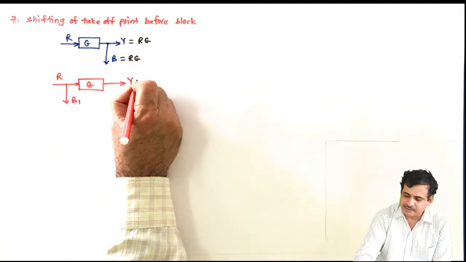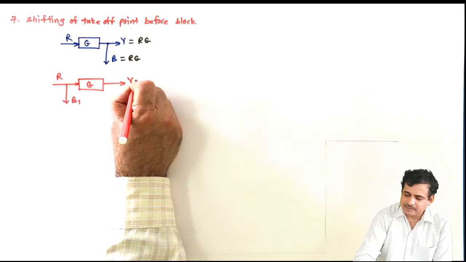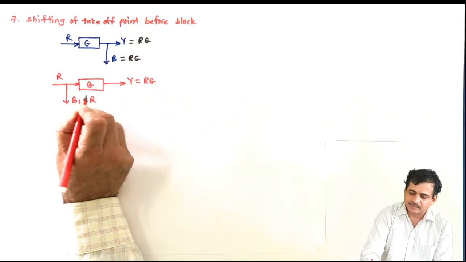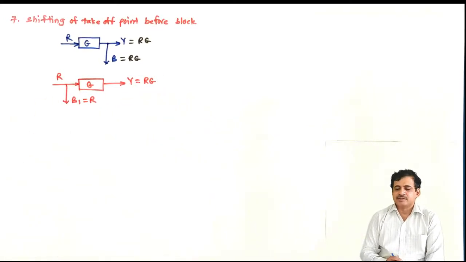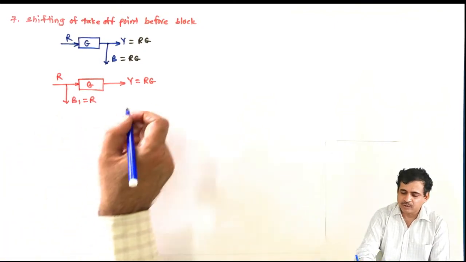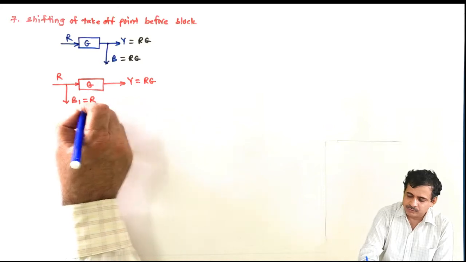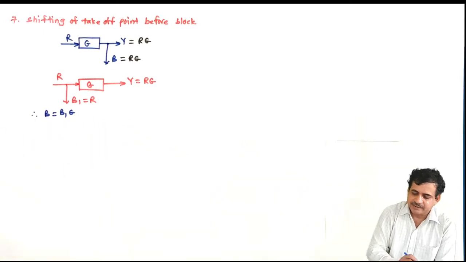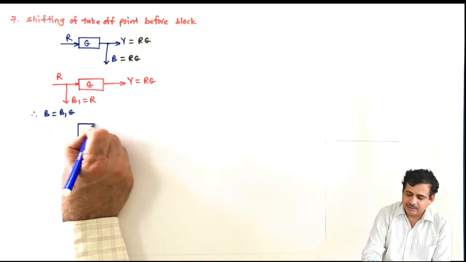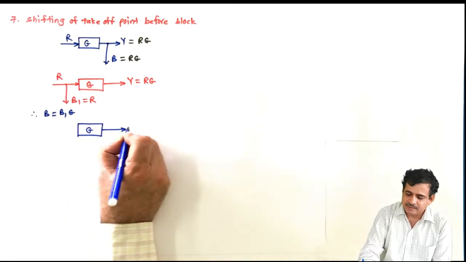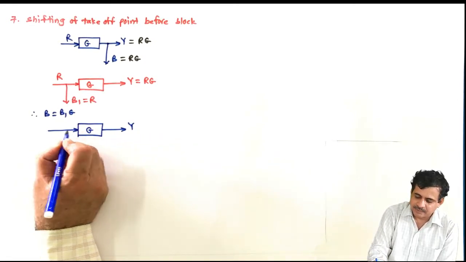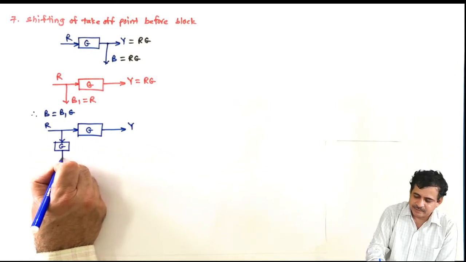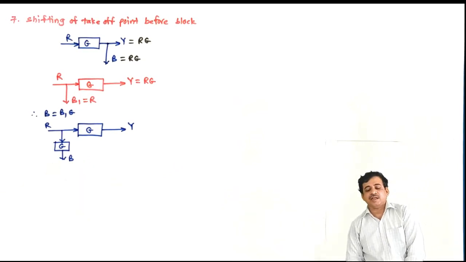Now in this case, Y is equal to Rg, but B1 is equal to R, and that means to make it B, B is equal to B1 into G. So this G is here, this is Y, R, I have to put here block G, and then I will get here B, otherwise not.